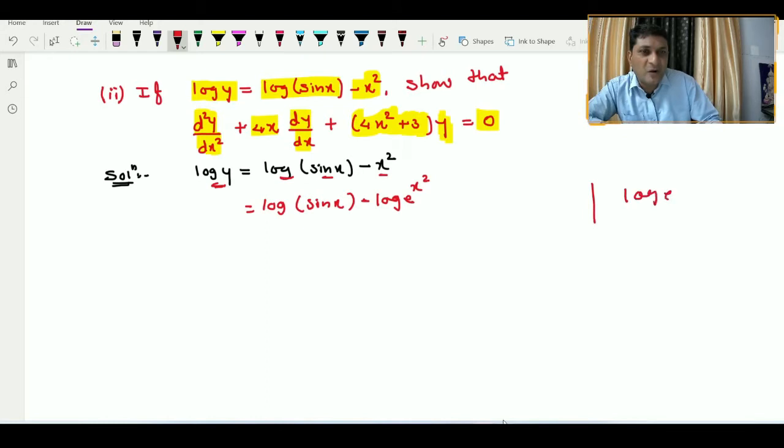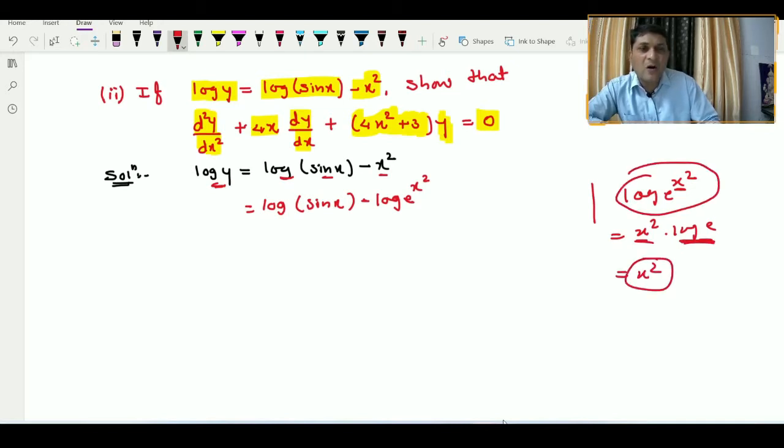Again observe here log of e raised to power x square. According to laws of logarithm, this power can be taken as coefficient, so here we'll get log e, but we know that log e is 1 into x square is x square, means in short x square can be written as log of e raised to power x square. That's why we are replacing here x square by log of e raised to power x square.